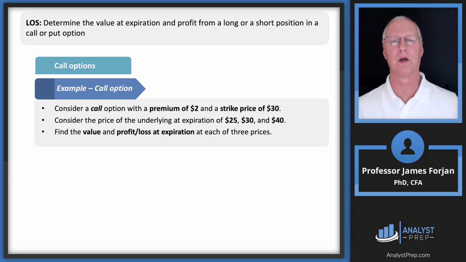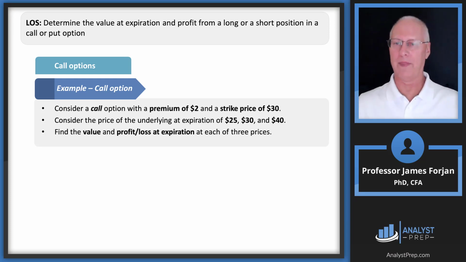So let's do a couple of quick examples here. Let's see, call premium of $2, exercise price of $30. Consider the price of the underlying asset at $25, $30, or $40. Now remember, I'll just assume that you're playing the role of the option owner and I'm playing the role of the option writer, you pay me that $2 today.